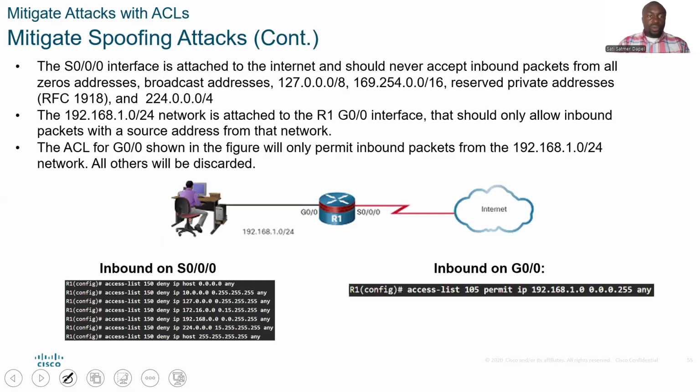Okay, so look at this for instance. The S0/0/0 interface, which is connected to the internet, should never accept inbound traffic from the internet from all the 0 addresses or broadcasts.